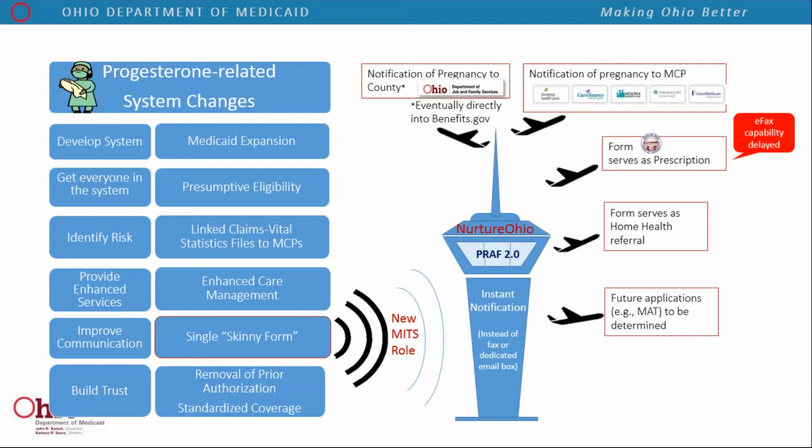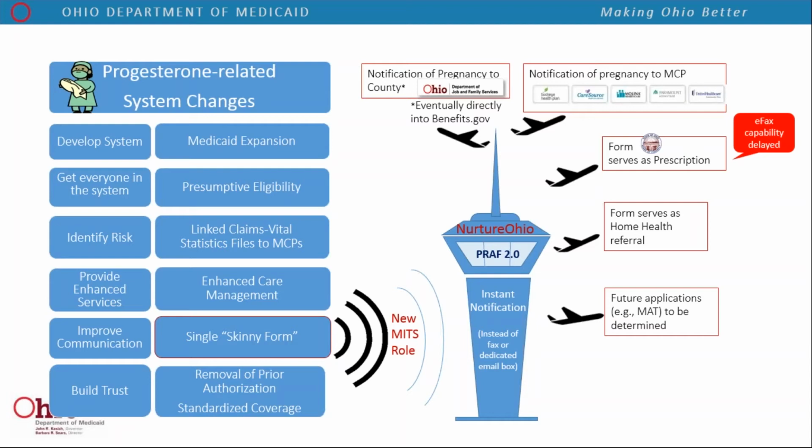The managed care plan will receive a notification saying that there are new members' information that needs to be downloaded to integrate into their care management systems. If you're using the form as a home health referral, they'll receive a notification that they have a new referral that needs to have the home health nurse schedule a visit.